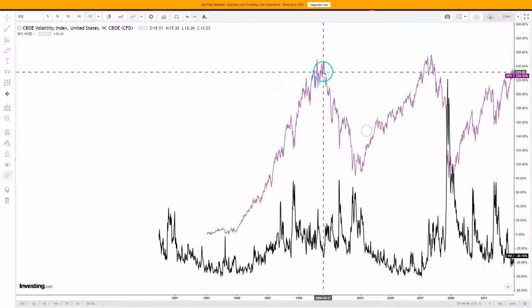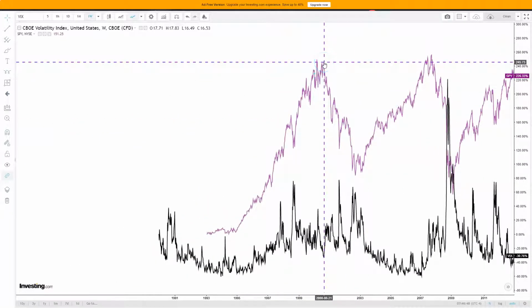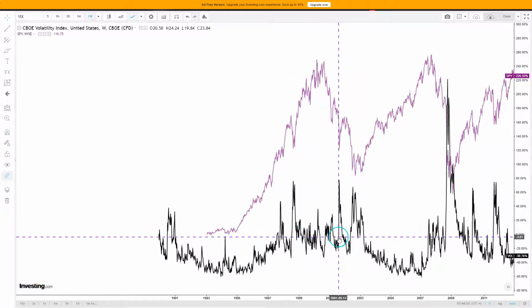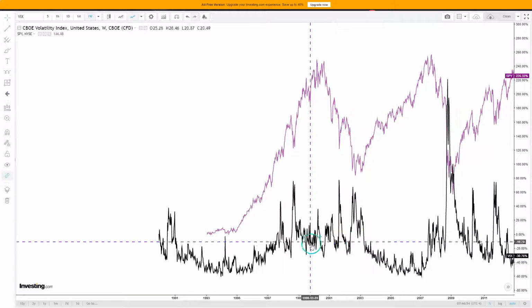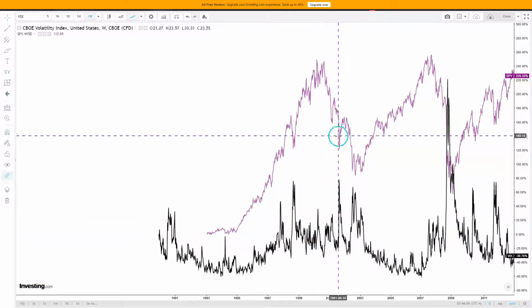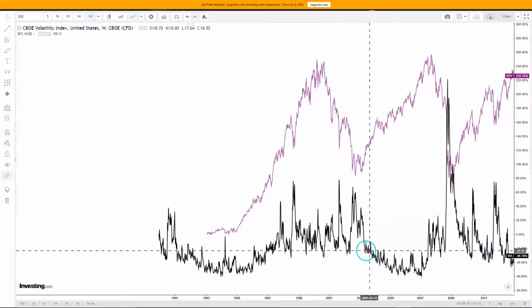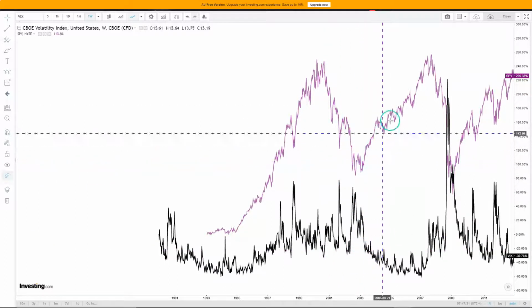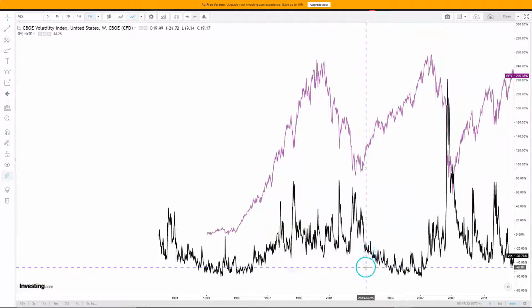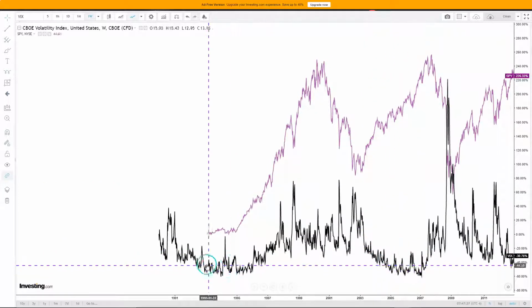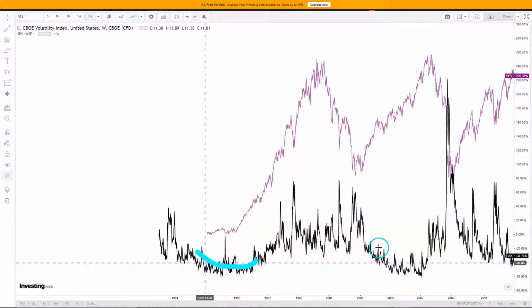And then, you can see here we have the top of that bubble. And here you can see the VIX stayed at this elevated level. It certainly had spikes, as you can see, during these plunges. And when the new bull market came on the horizon, in the early part of that bull market, you see that the VIX got into very low territory, that we saw back here.